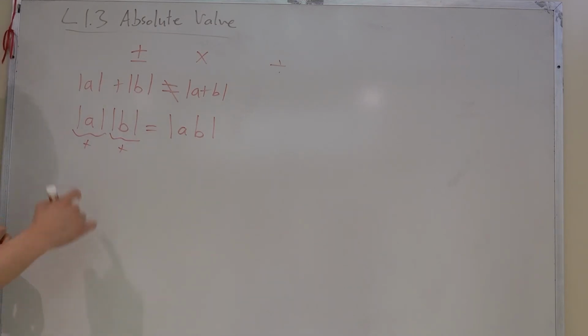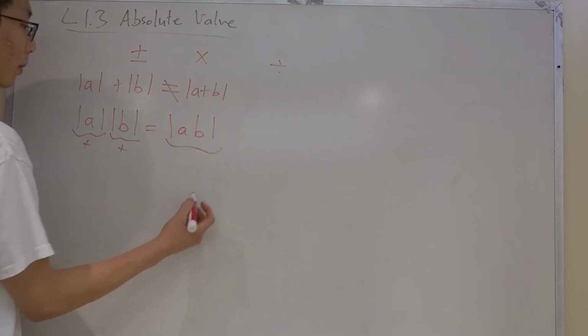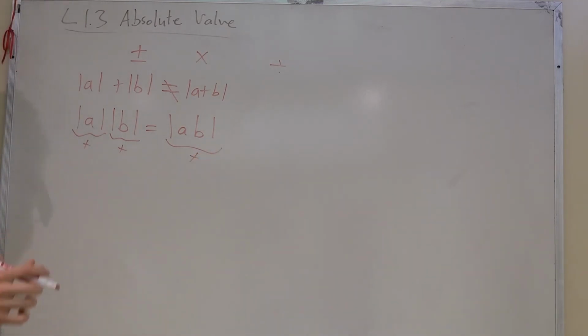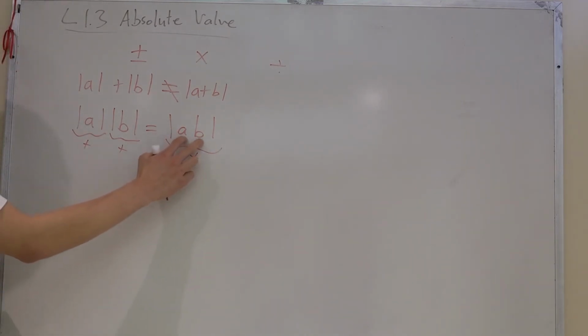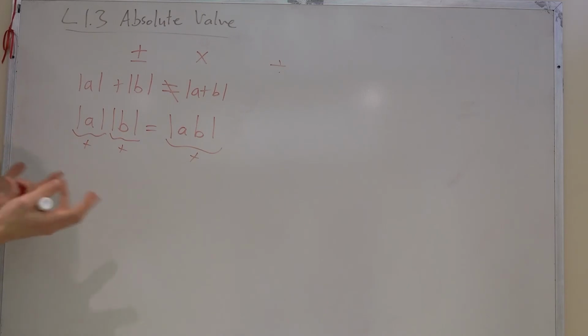When we're multiplying two numbers together, if we're going to just ignore the signs, the actual number is going to stay the same all the time, right? 7 times 8 is 56, but negative 7 times 8 is negative 56. The 56 is still there, right? When I do this, however, the output is still going to be positive, and the actual number itself is going to stay the same.